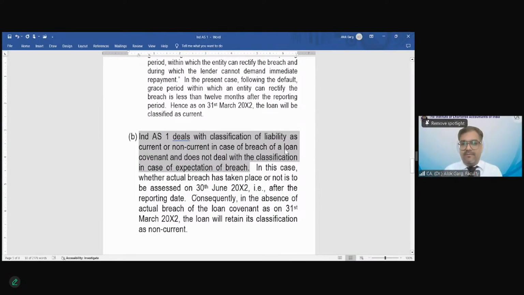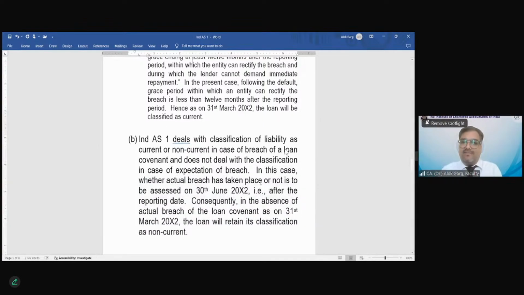In this case, whether actual breach has taken place or not is to be assessed on 30th June 20x2, that is after the reporting date. Consequently, in the absence of actual breach of the loan covenant on 31st March 20x2, the loan will retain its classification as non-current.